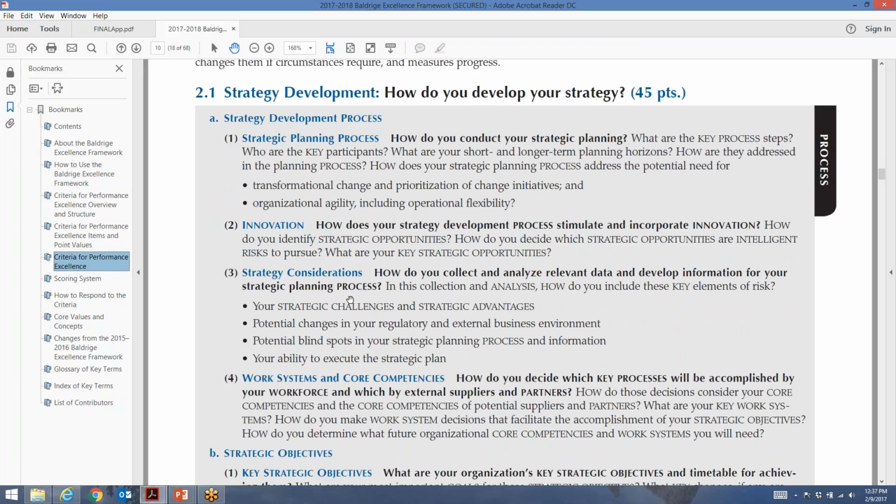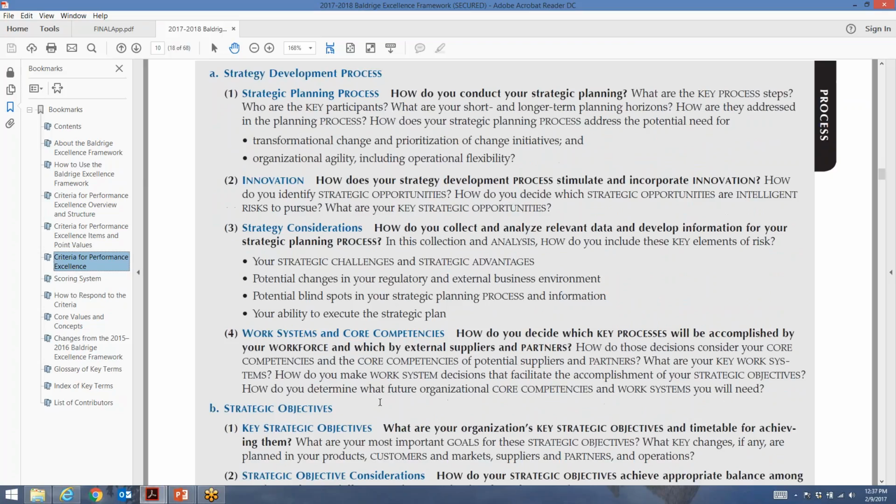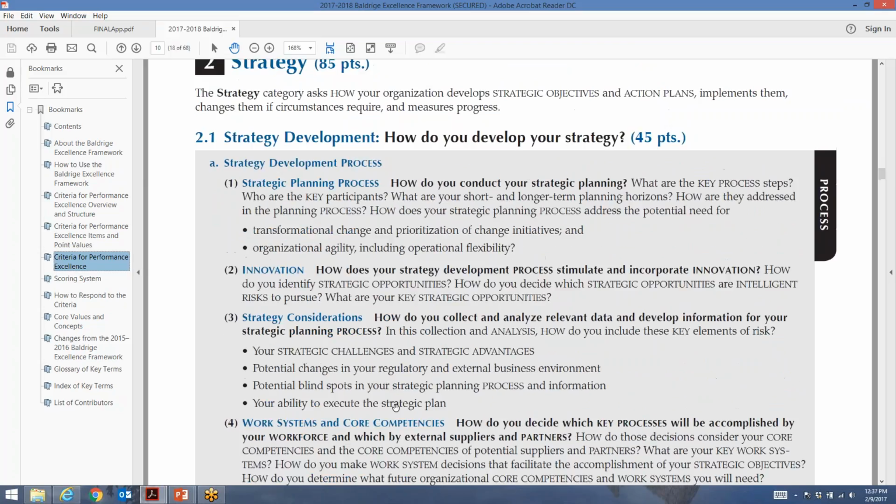You didn't really tell me about these strategy considerations or your work systems and core competencies or your strategic objectives. You just said, we get together, the senior leadership team, we take a retreat. It's a nice place, go play golf and sit in a room for a couple of days and kick around some stuff, argue and debate, and come out with some goals for the year. Well, you told me how you developed strategy. You really did it at a basic level, and that's what this level is up here. You just told me how you develop your strategy.